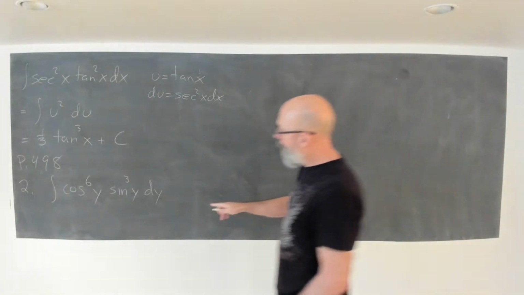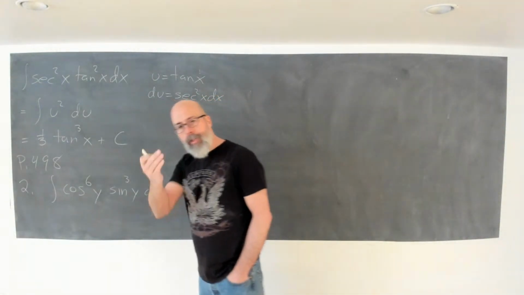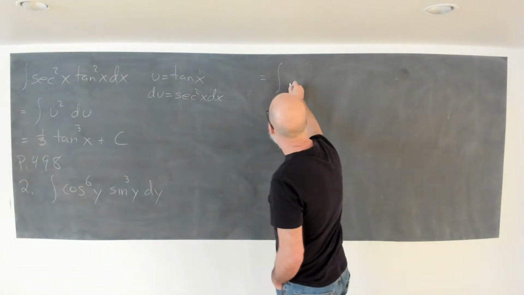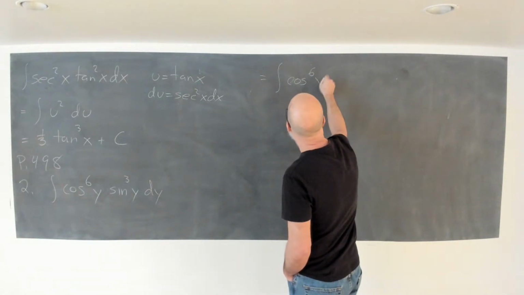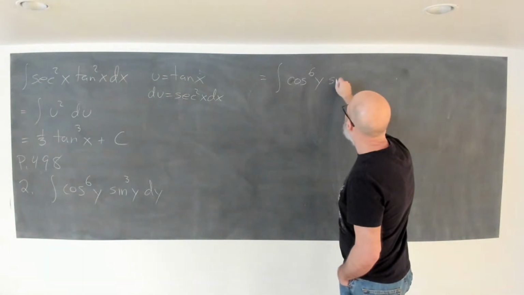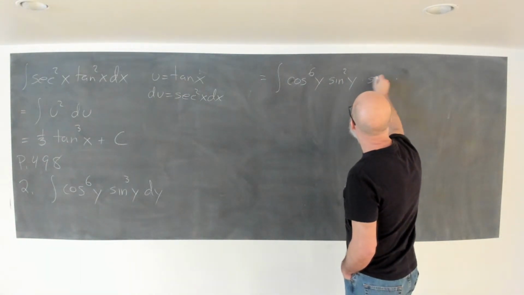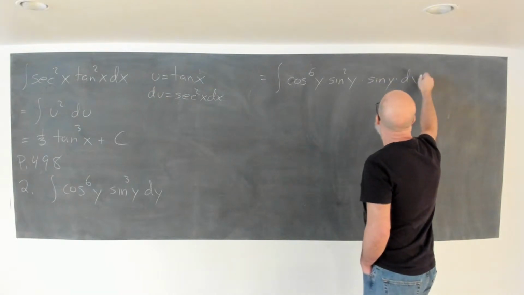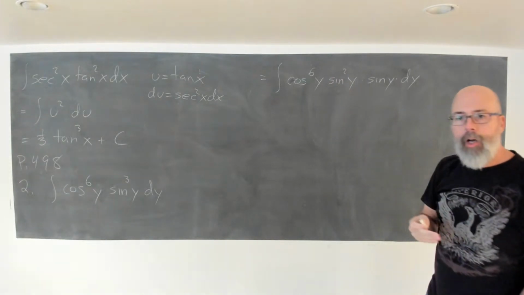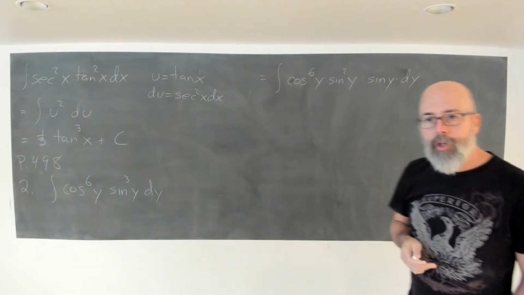Marie is suggesting to isolate one of the sines, and that's exactly what you want to do. Nicely done. So we have a cosine to the 6. We'll rewrite the sine cubed as sine squared times sine. And now, if you can rewrite this in terms of cosine, then you see what's going to happen, right?